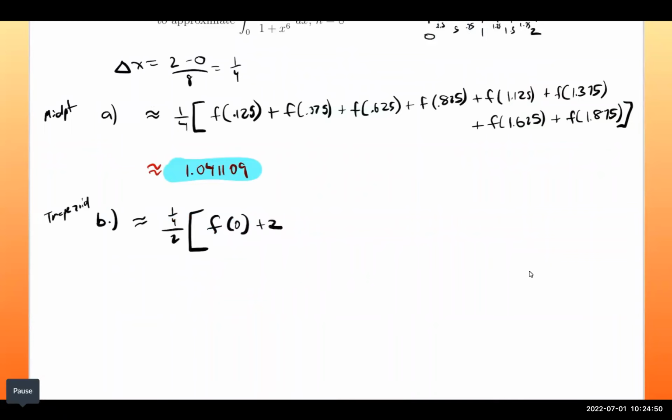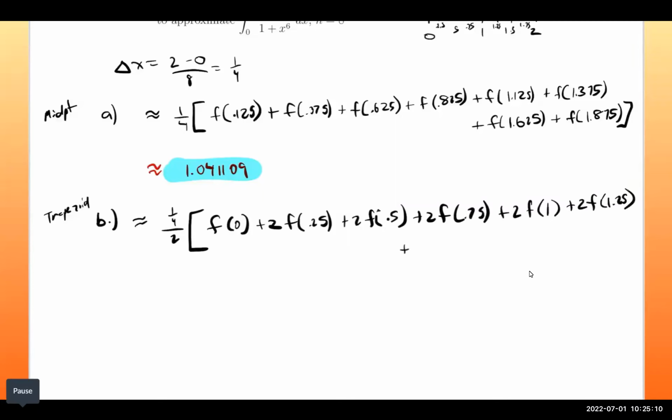So it's going to be f of 0 plus 2 f of 0.25 plus 2 f of 0.5 plus 2 f of 0.75, 2 f of 1 plus 2 f of 1.25, and once again I have to continue down here, f of 1.5, f of 1.75, and finally the coefficient 1, f of 2.